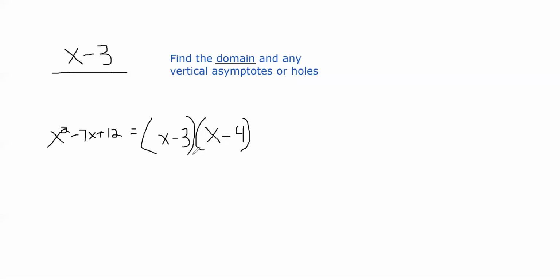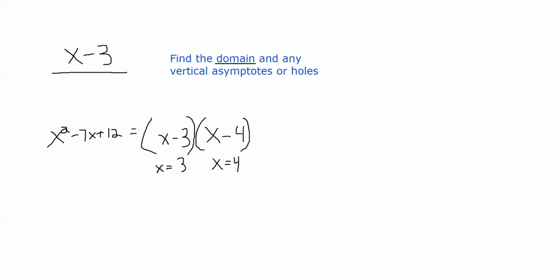And then we can look at a few other things. We can set those equal to 0. I think by now we can just say, well, that means x equals 3 is a root and x equals 4 is a root. x equals 3, x equals 4 are just clearly roots at this point.